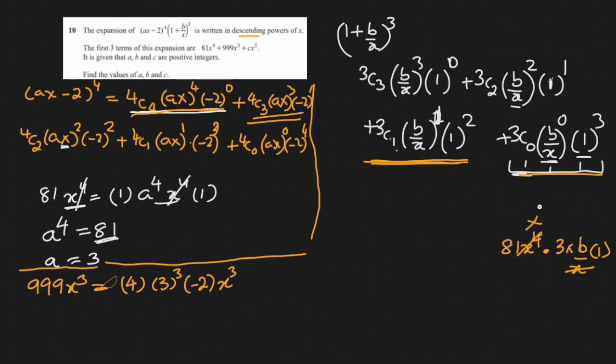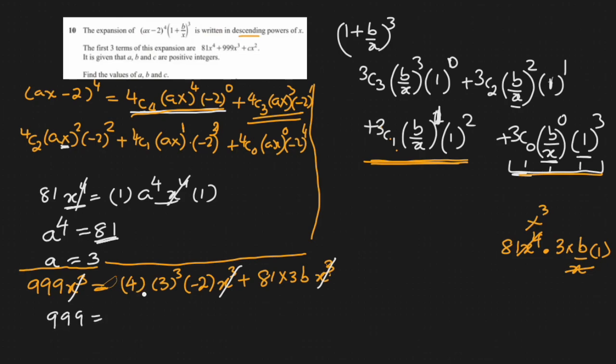So I have to use this also. So I will use 81 times 3b x cubed. No need to write 1. This is our second x cubed. So we can ignore x cubed first.